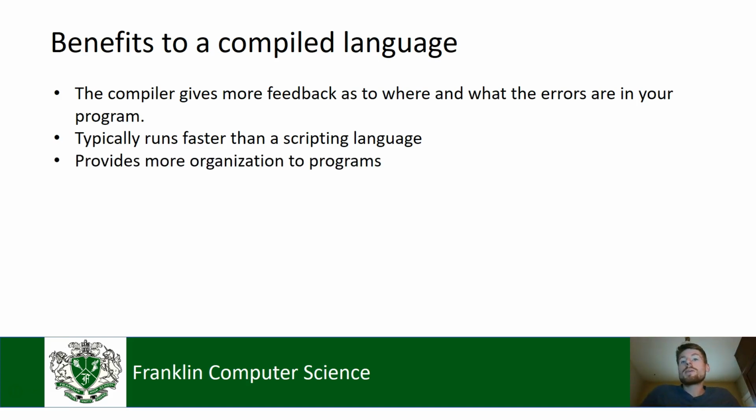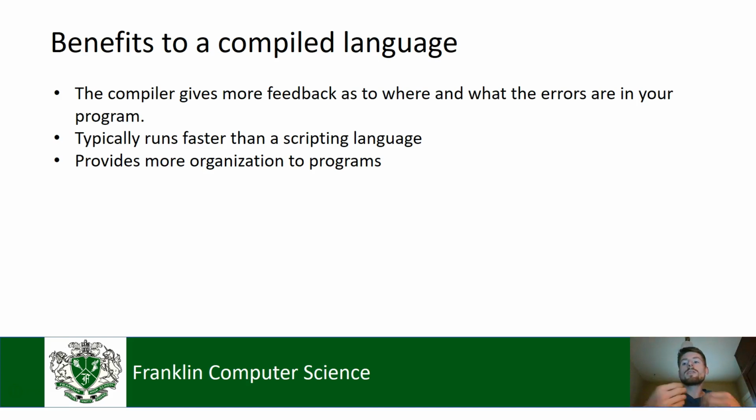And the other upshot is generally when you have compiled languages, it's easier to organize things. You can build more complex programs and maintain order and organization in them than with scripting languages. Now, scripting programs, you generally are going to be writing quickly to accomplish a simple task. Maybe you want to just scrape the web for something, or you want to organize files in a folder, etc., etc. That's what scripting languages are good for.